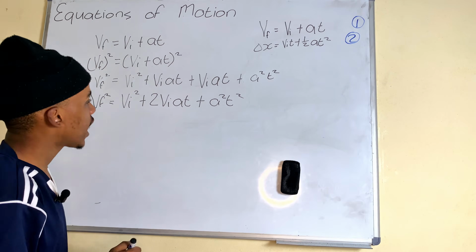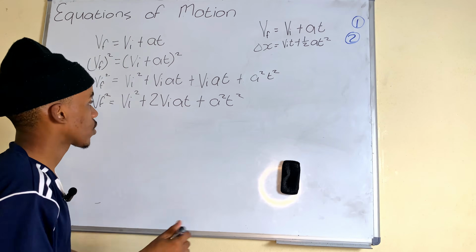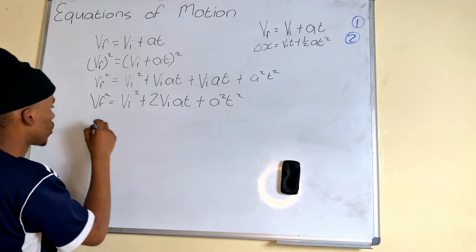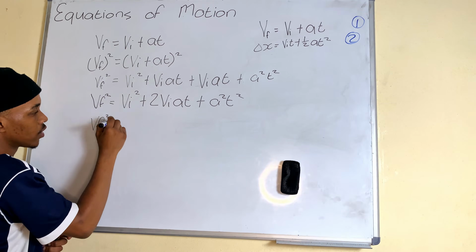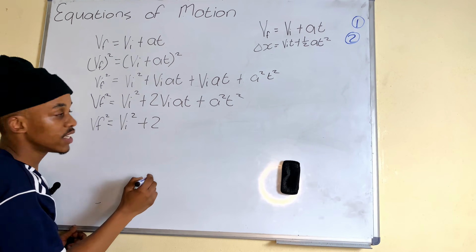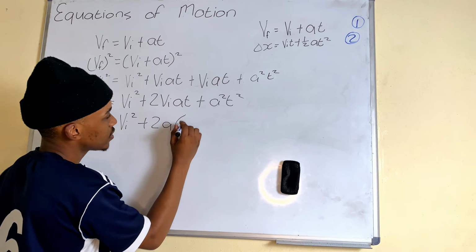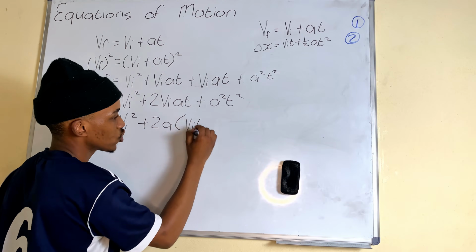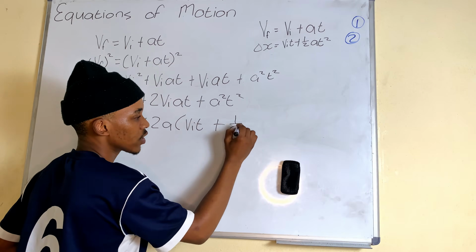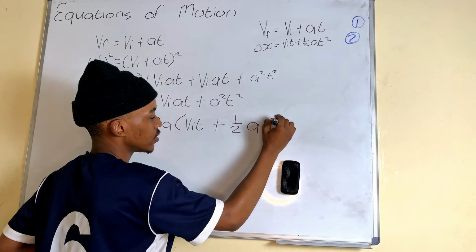If we take out a common factor of 2a from these two values, remember we said that we're taking a common factor of 2a, this means that we'll be left with velocity initial multiplied by time, and on this side we'll be left with half a t squared.